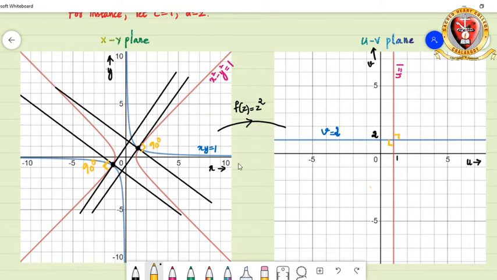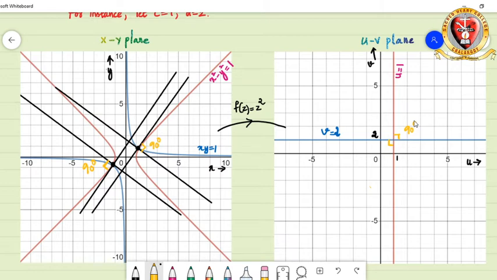Now you're going to think about the image of both of these hyperbolas. The first hyperbola, we said the image will be u is equal to 1. The second hyperbola, the image will be v is equal to 2. So these images also intersect at 90 degrees.